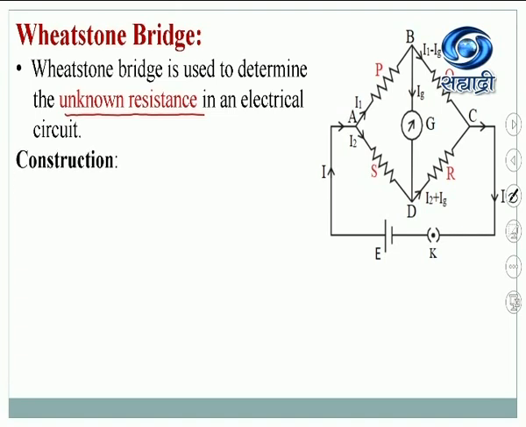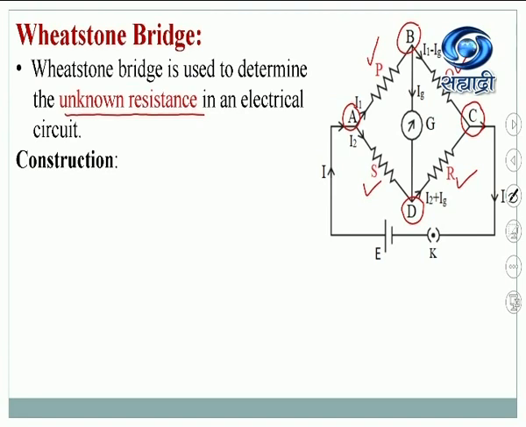Now, how is this Wheatstone network constructed? The construction of Wheatstone's network, you see in the diagram given. See carefully, I will explain this. The construction of this Wheatstone's network consists of 4 points, say A, B, C and D. Between these 4 points, resistors P, Q, R and S are connected as shown.